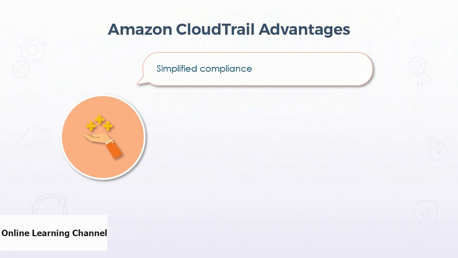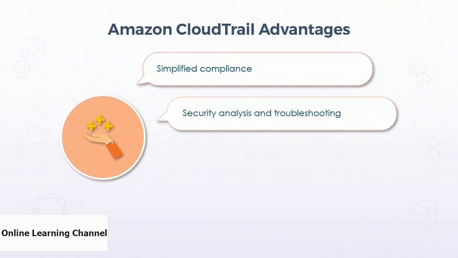Integration with Amazon CloudWatch Logs provides a convenient way to search through log data, identify out-of-compliance events, accelerate incident investigation, and expedite responses to auditor requests. Next, security analysis and troubleshooting. With AWS CloudTrail, you can discover and troubleshoot security and operational issues by capturing a comprehensive history of changes that occurred in your AWS account within a specified period of time.